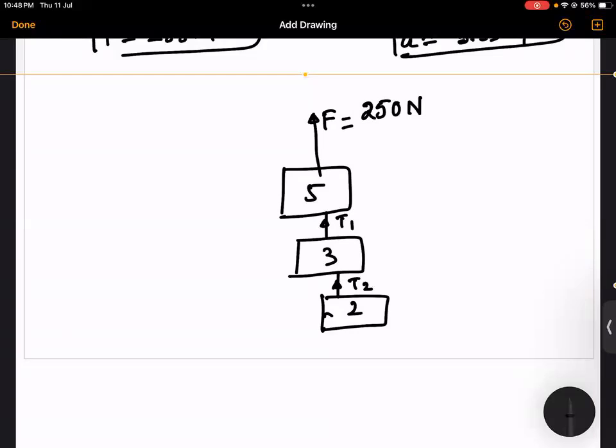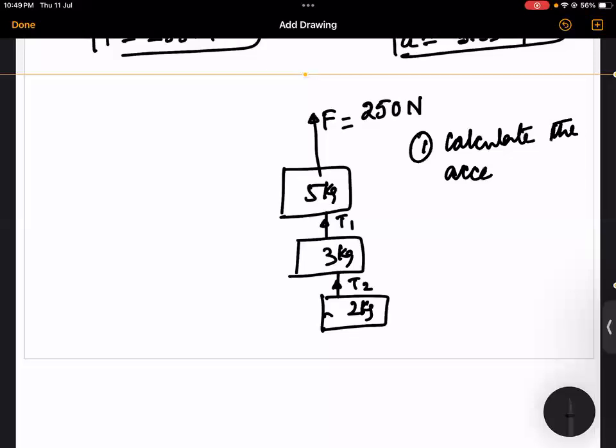The entire setup is pulled up with a force of 250 Newton. Okay. So what you have to find? This is 5 kg mass, this is 3 kg mass, this is 2 kg mass. So what is the question? Number 1, calculate the acceleration of the blocks.